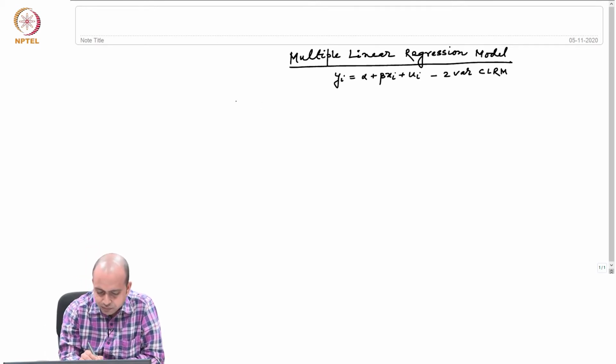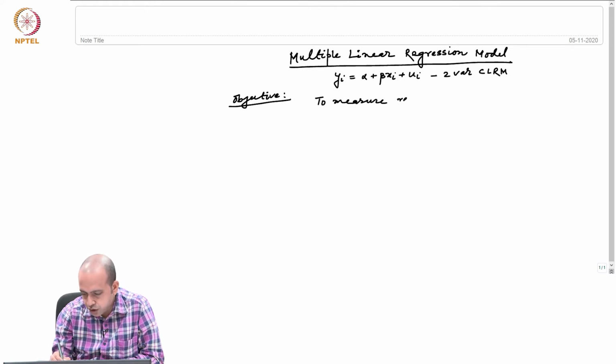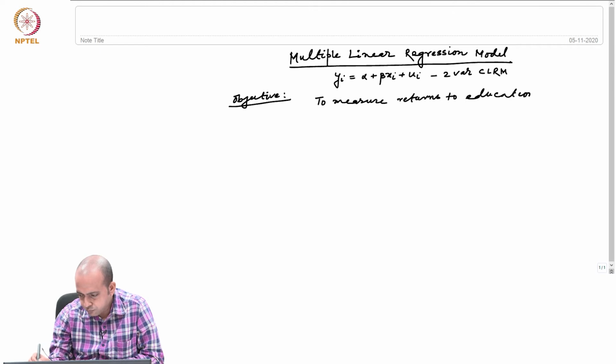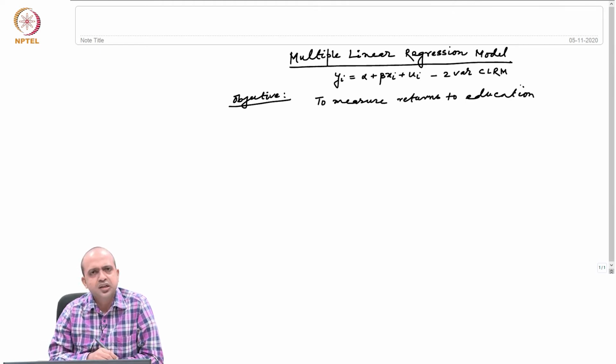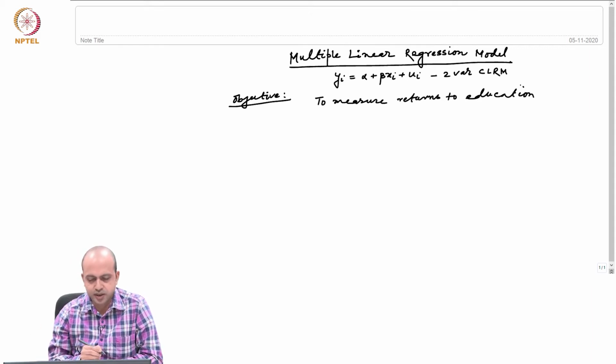The objective is to measure returns to education. So, basically, what is the impact of education on your wage or salary?